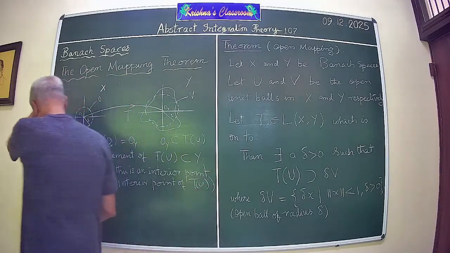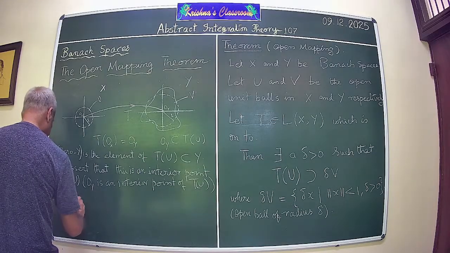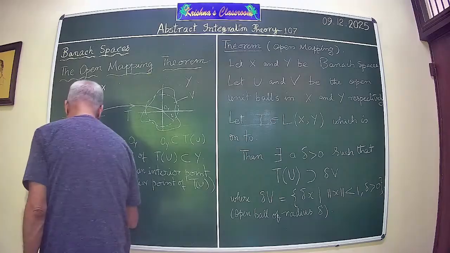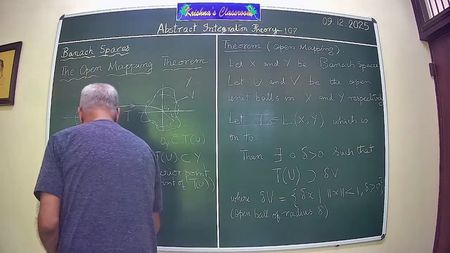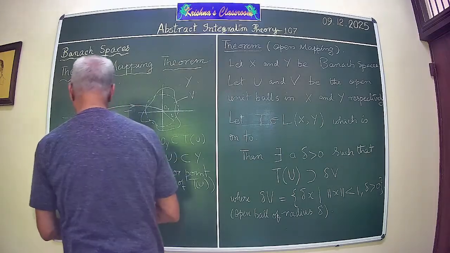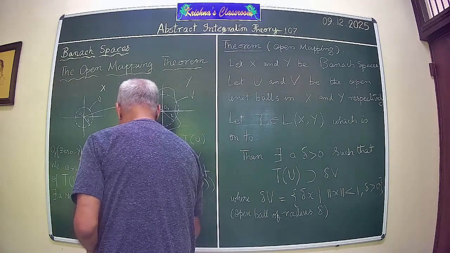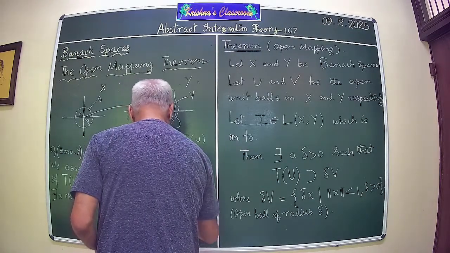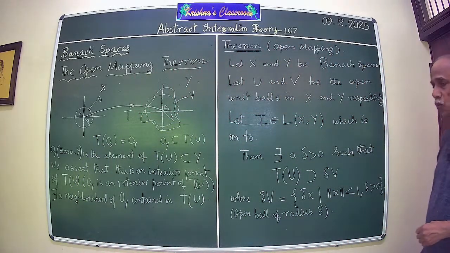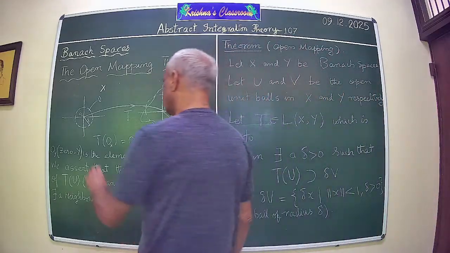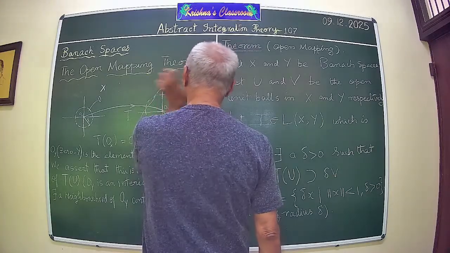In other words, there exists a neighborhood of 0 Y in T(U). Okay, how is this stated? So you cannot say that T(U) is essentially contained in V. That we cannot say.